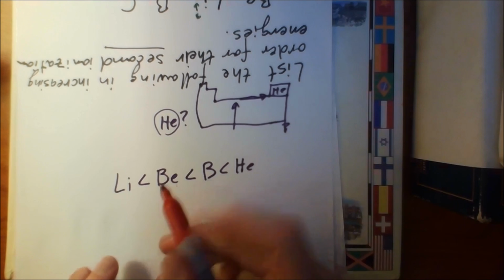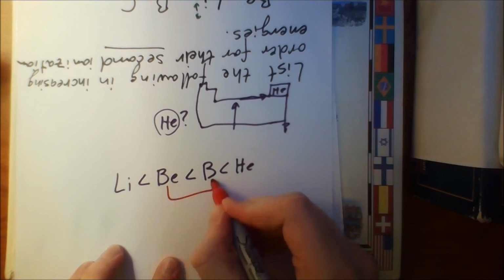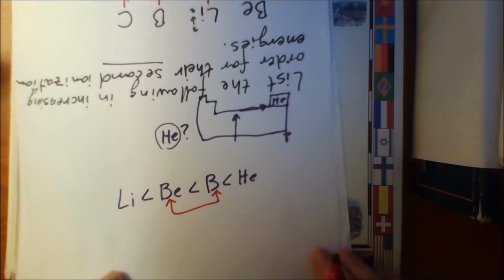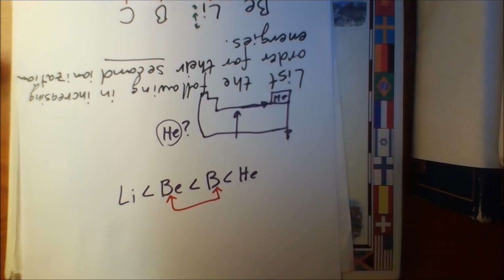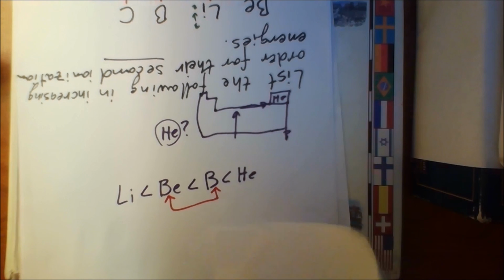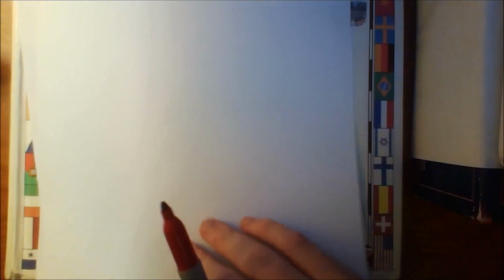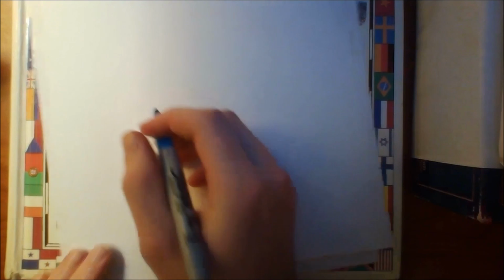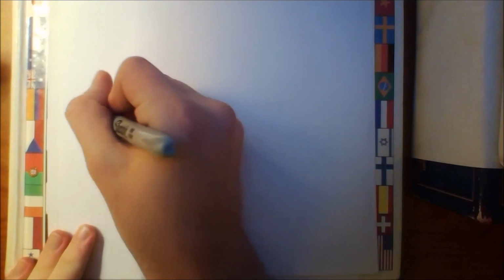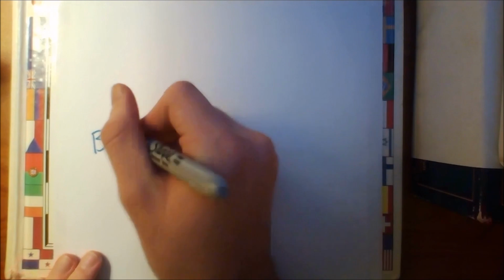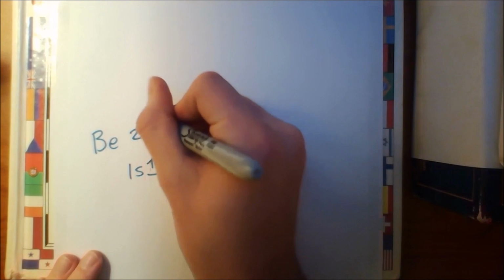And that exception occurs between beryllium and boron. In order to understand this, we have to go to the electron configuration for both of these elements. The electron configuration for beryllium is pretty simple: 1s with 2 electrons, and then 2s with 2 electrons.